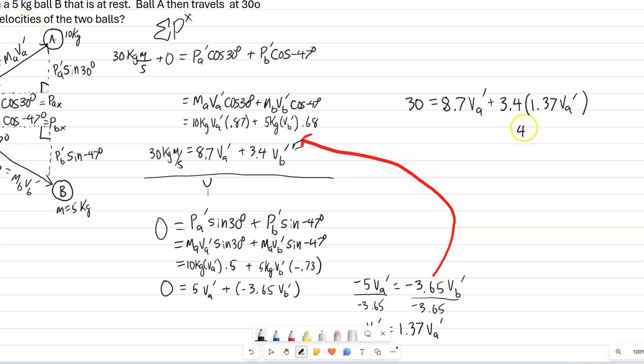So that's going to be 4.66. It looks like I've already taken significant figures and thrown it out the window. Don't judge me. Let's add those together.